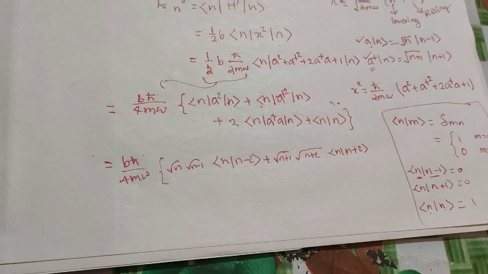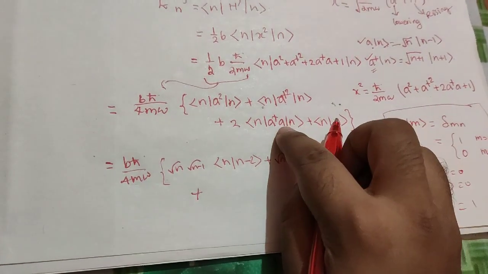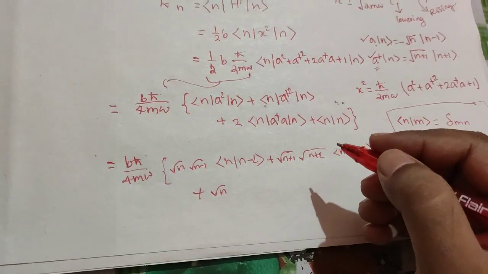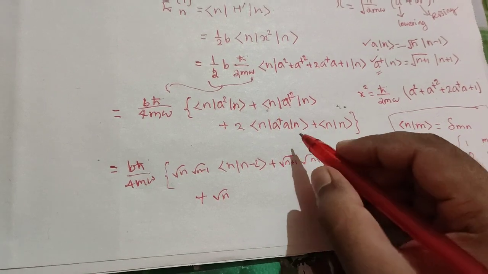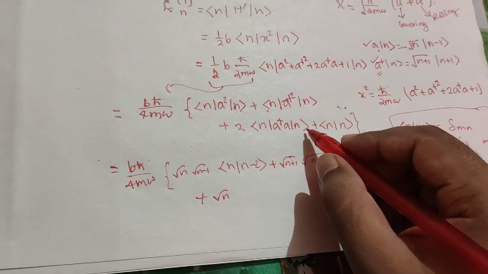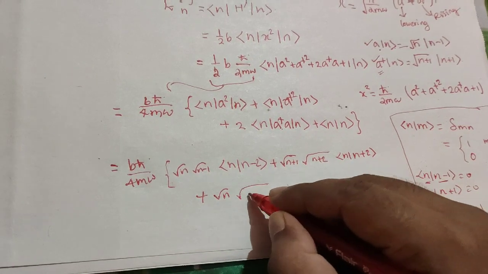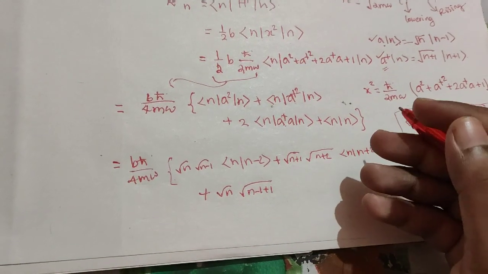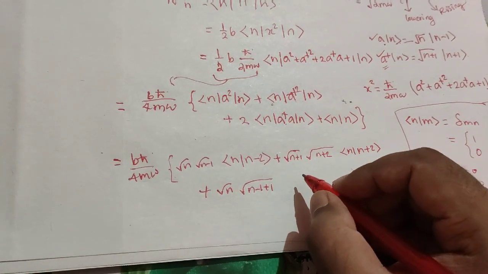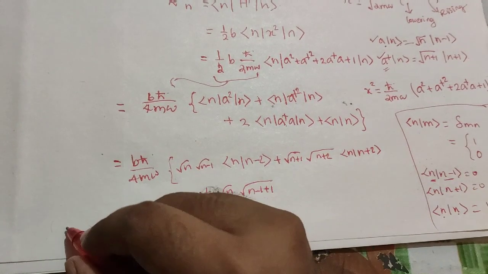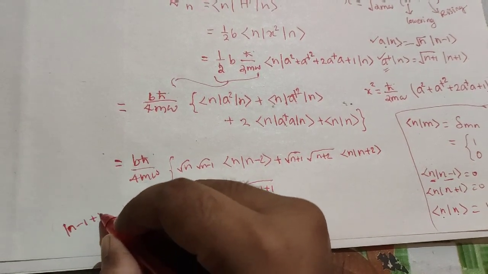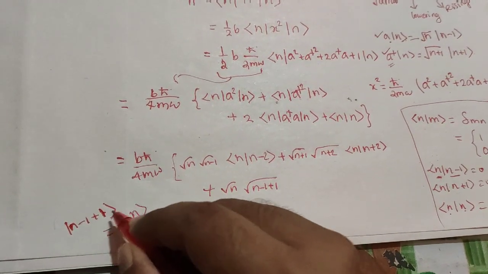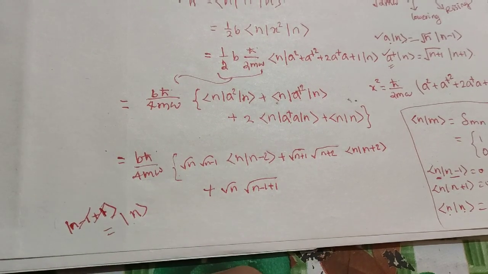Then here a acting on ket n first gives coefficient root n and eigenstate ket n minus 1, then a dagger acting on ket n minus 1 gives coefficient root n minus 1 plus 1, and effectively the ket is ket n minus 1 plus 1, which is effectively ket n, because plus 1 and minus 1 cancel.